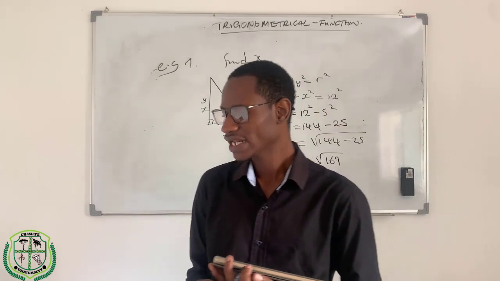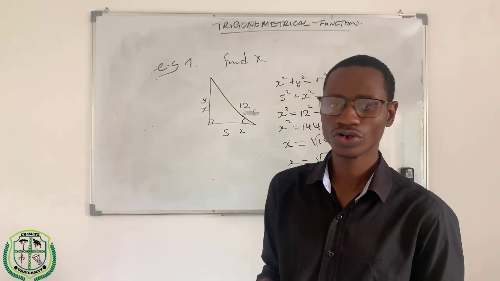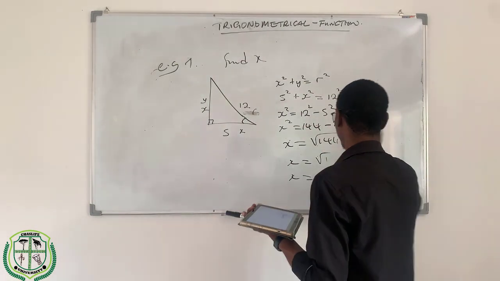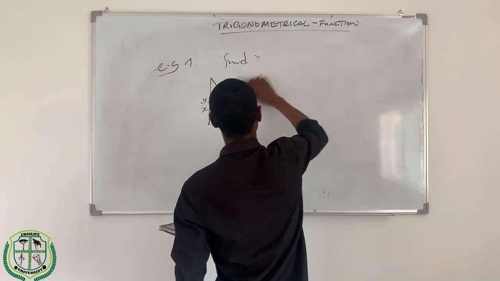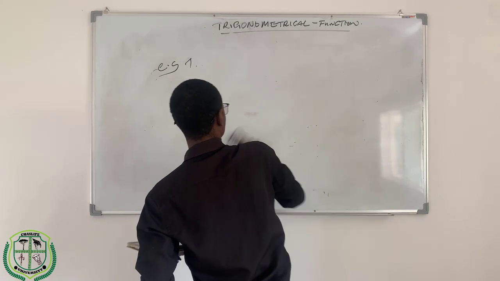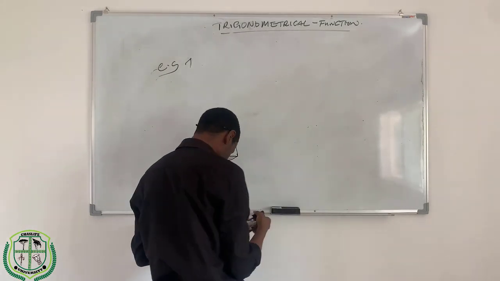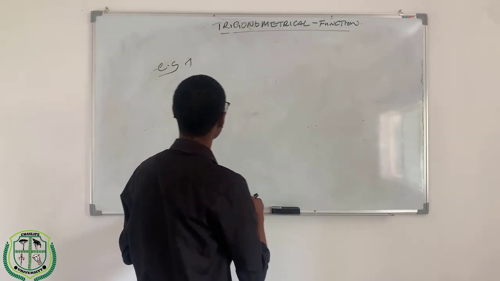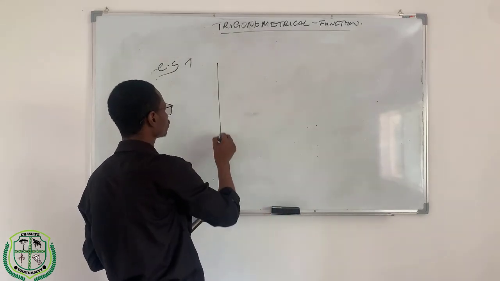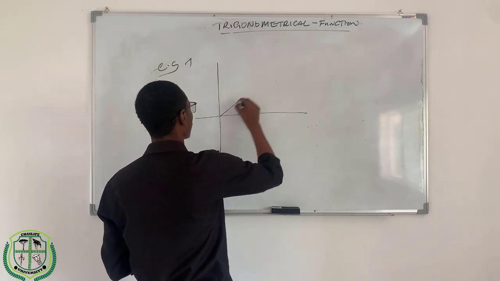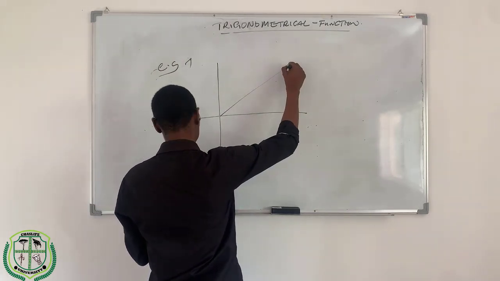Now, let's look at example 2. Now we want to find the angle. Okay, we want to find the angle with the same results. What about then if you say this angle, we want to find the angle, okay?